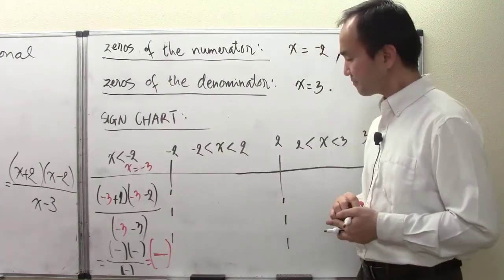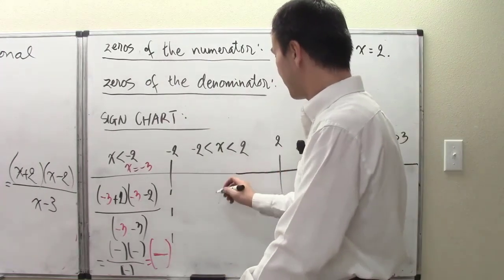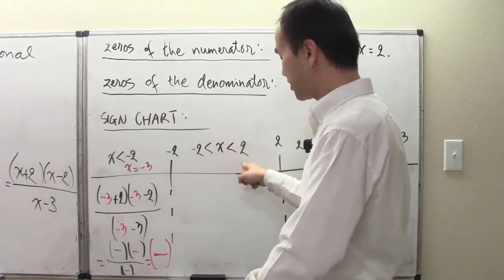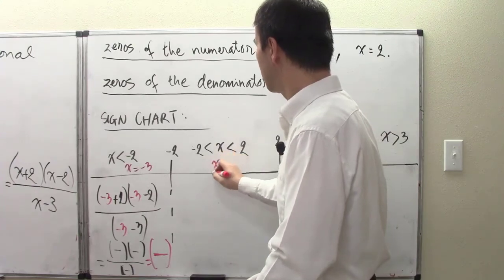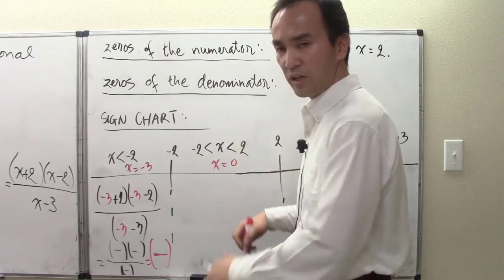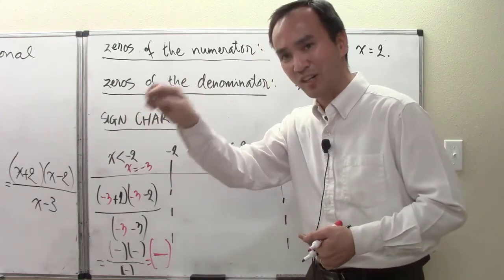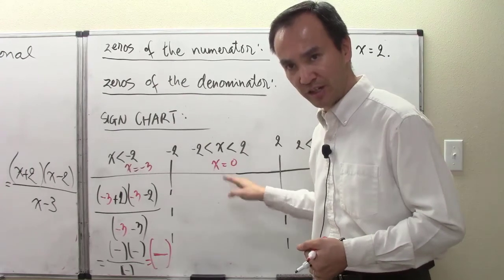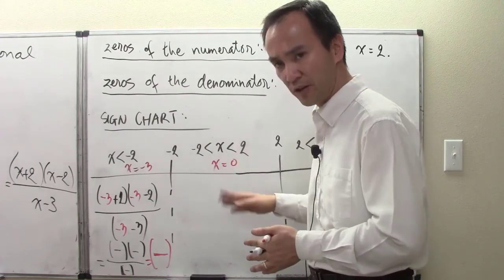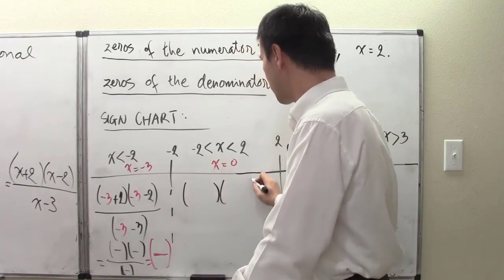All right, this next interval. So between -2 and 2, I can pick x equals 0. Okay, and you can pick other values as long as the value is compliant with the domain requirements, and yes, it is compliant for this selected value. So now I'm going to, once again, calculate the sign behavior.